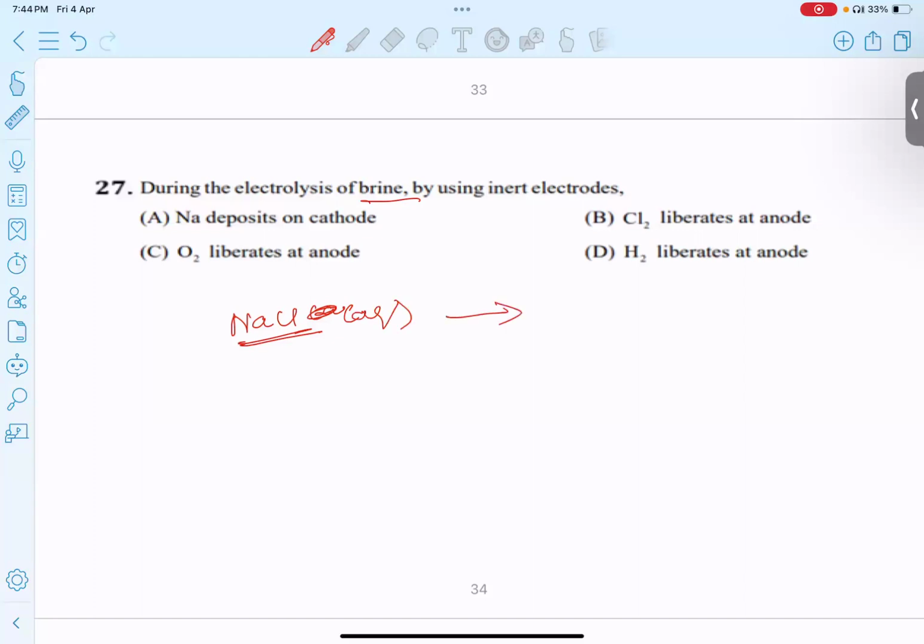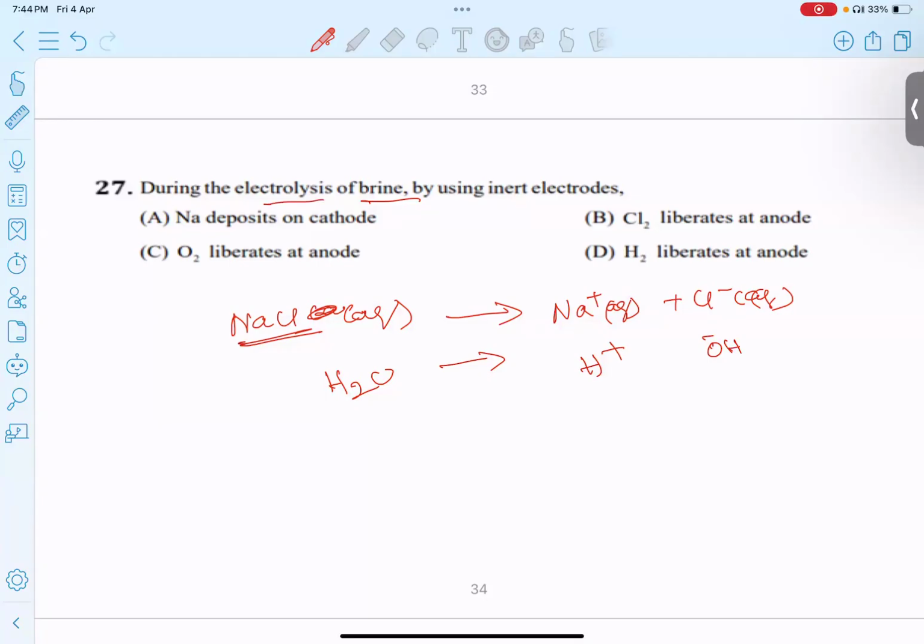The aqueous solution of brine contains four types of ions: Na plus, Cl minus, and, since water also dissociates, H plus aqueous and OH minus aqueous ions.